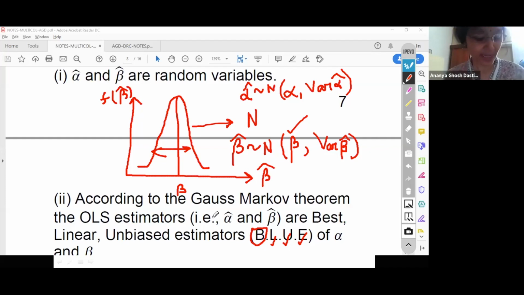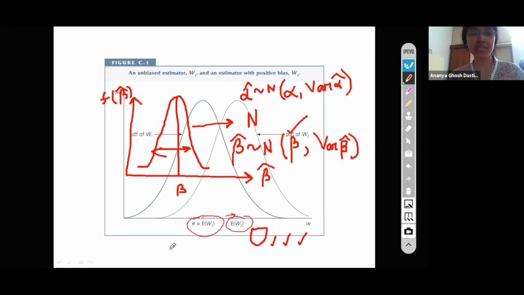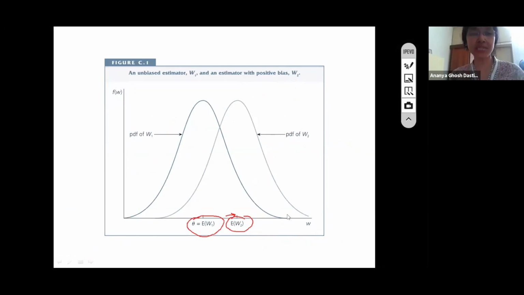Okay, so let us see what an efficient estimator is, where I just told you that efficiency is a property of unbiased estimators. So let me take you to the next slide.